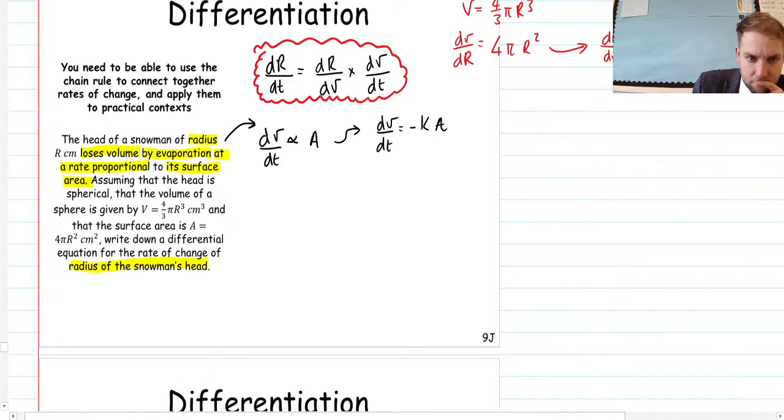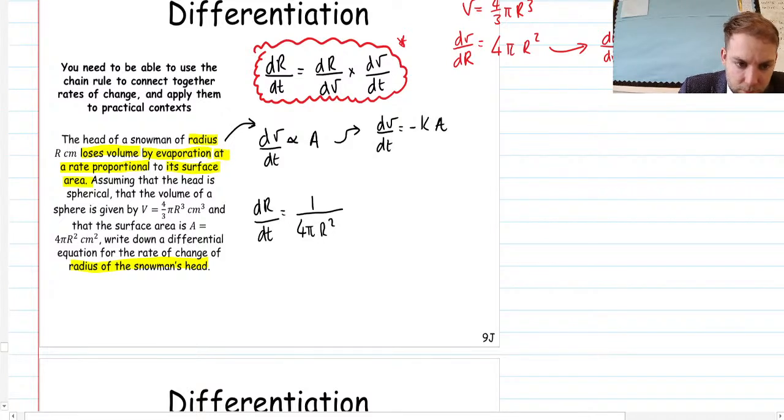Okay. So now I can sub pretty much everything into this. dr by dt is equal to dr by dv, which we know is 1 over 4 pi r squared, times by dv by dt, which we know is equal to minus KA. But don't forget, we know what A is.